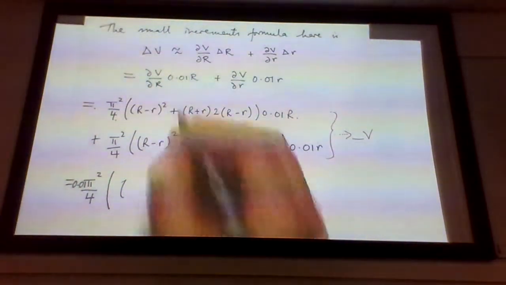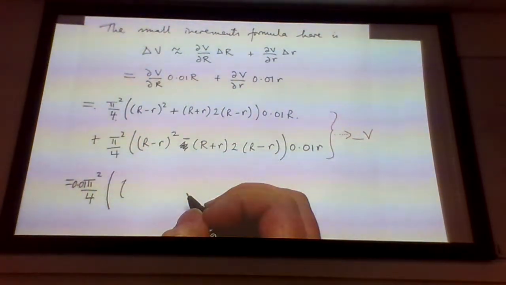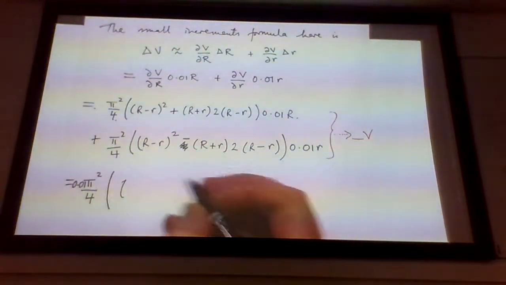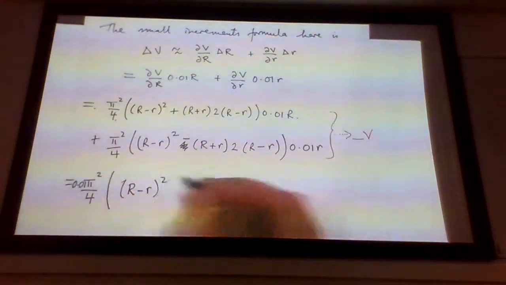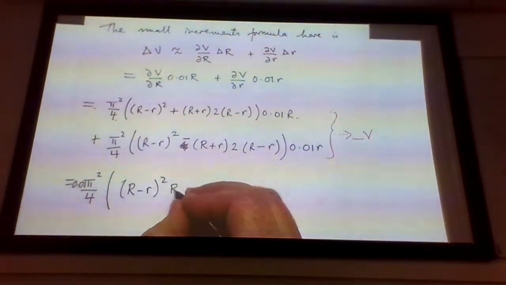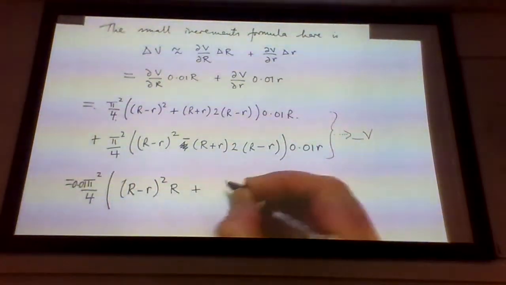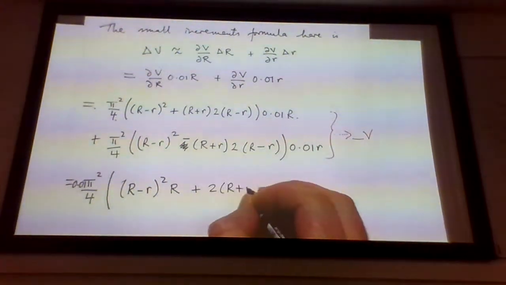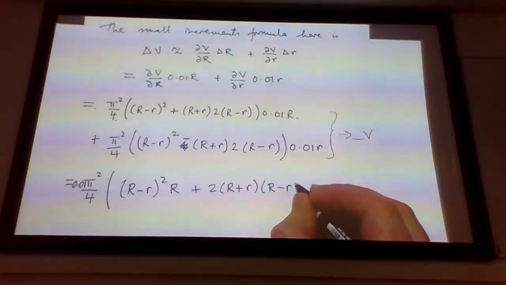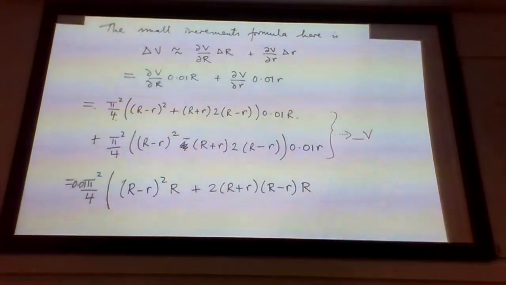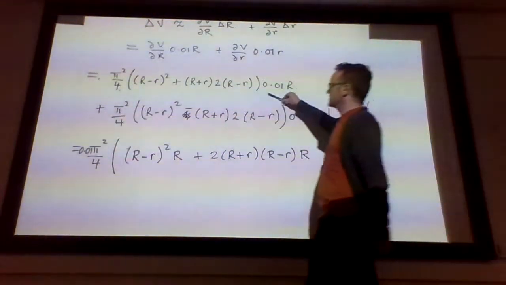So when we look inside, what do we find? We've got R minus r, all squared, multiplied by capital R, and then plus (2R plus r) times (R minus r) times capital R. That's the contribution from the top line.